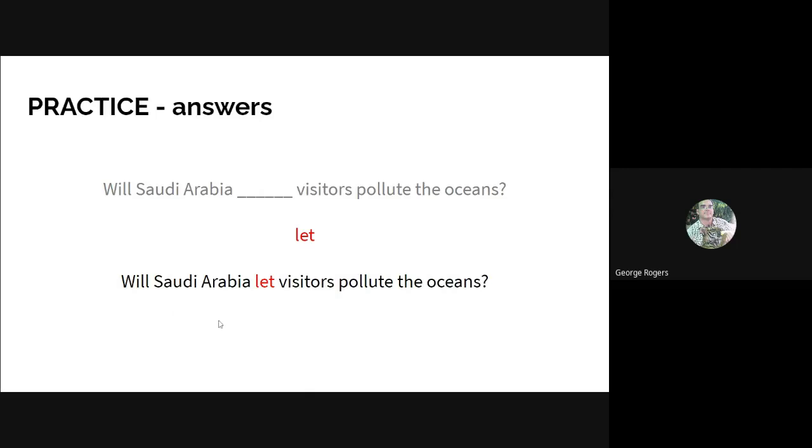That doesn't sound right. Will Saudi Arabia have? That really doesn't, are they asking them to, paying them? That doesn't make sense. And will Saudi Arabia help visitors? Well, that doesn't make sense, so "let" because of the logic of the sentence.